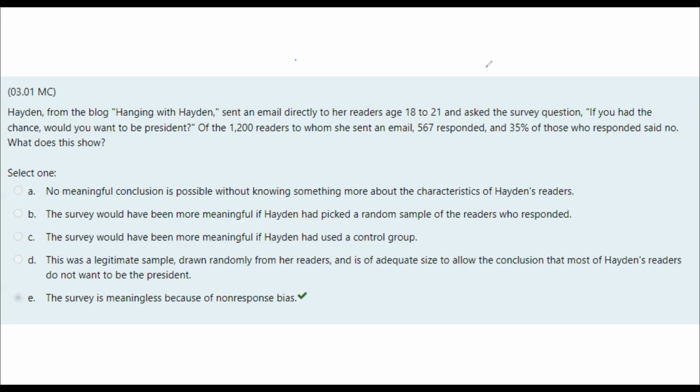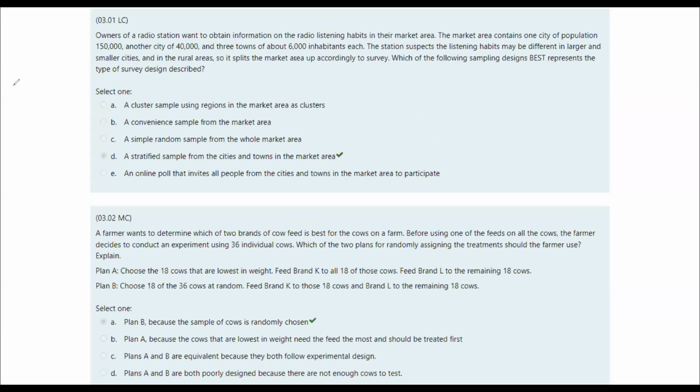All right. We got this again. Owners of a radio station want to obtain information about the radio listening habits in their market area. It contains one city of a population of 150,000 in another city of 40,000 with towns of 6,000 each. Well, you see that sometimes the information doesn't matter.